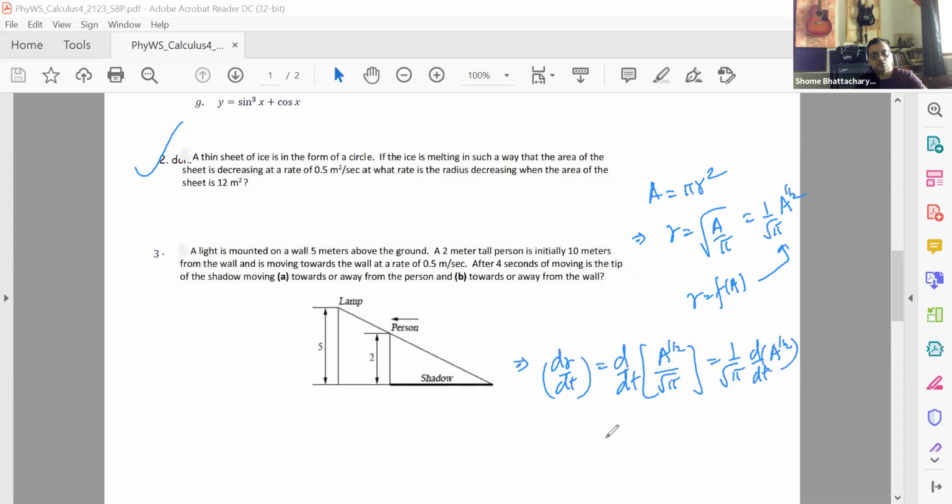Now we can use chain rule here. So further that will become 1 upon root pi into 1 by 2 root A, multiplied with dA by dt. So this is our dr by dt.